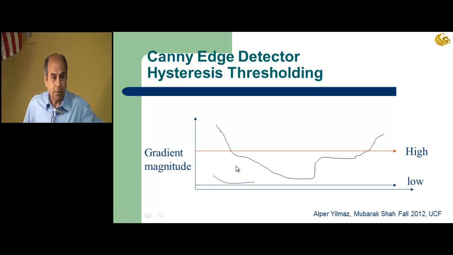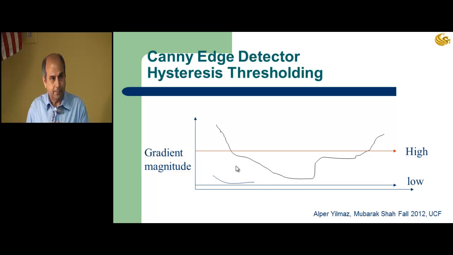Is there a way to know that that edge corresponds to the other part of the edge? No, because you are using the definition of connectedness and it doesn't fit. There's no edge. It's not connected. So you are done. That's a problem. You have to have some pixels which are connected to the pixel which is high. Then you can get it.